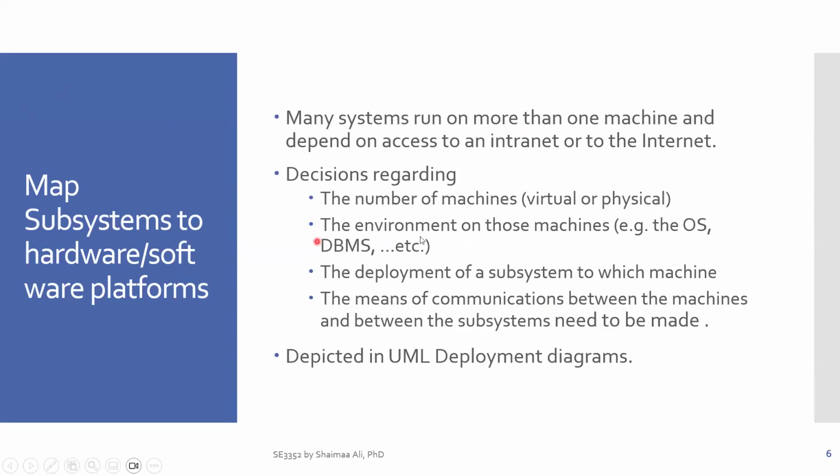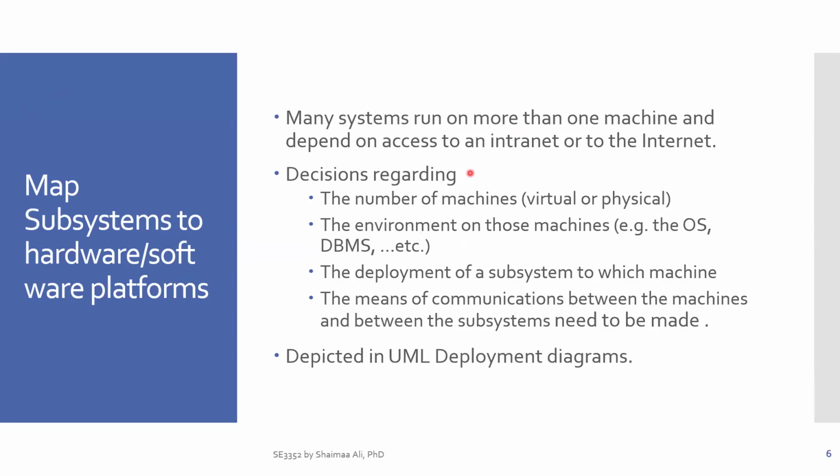So nowadays, most systems are distributed, which means you would have the subsystems or the components of the system running on different machines. So that's where the term distributed comes from. The components are distributed on multiple machines. Okay.